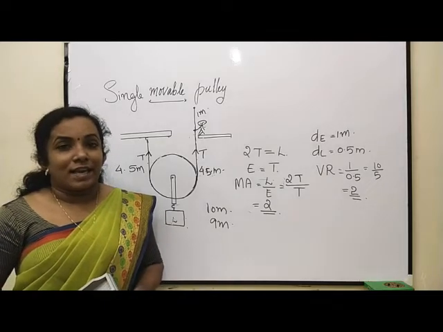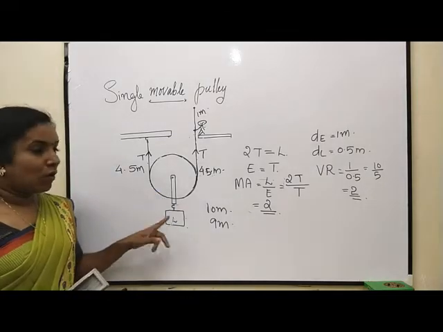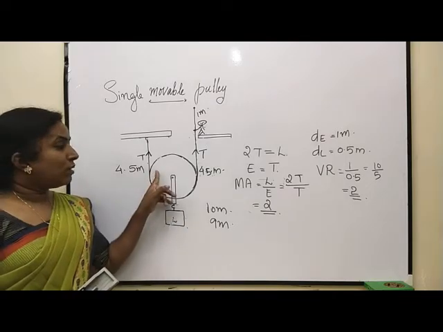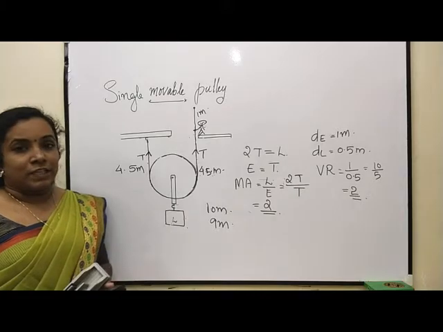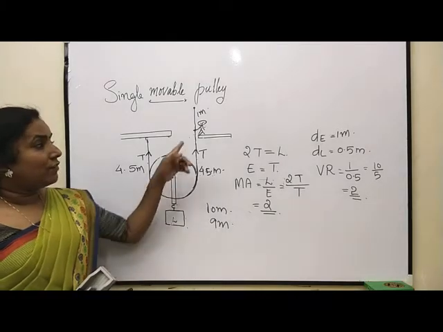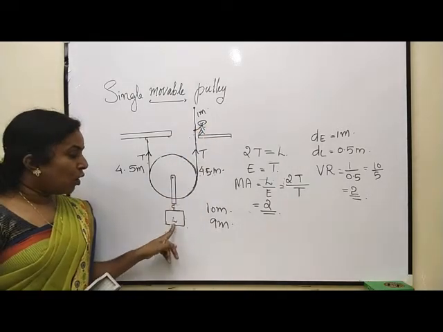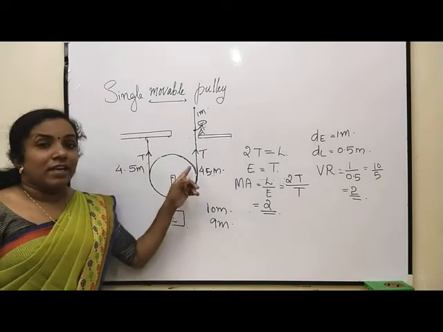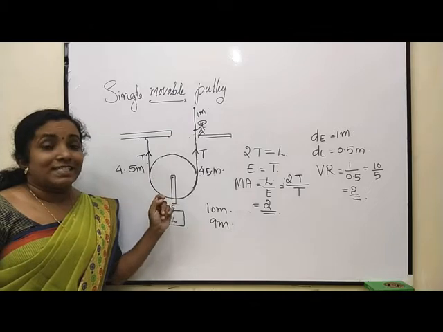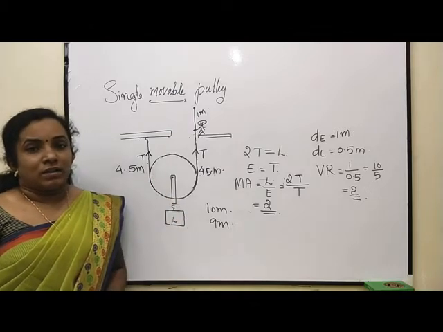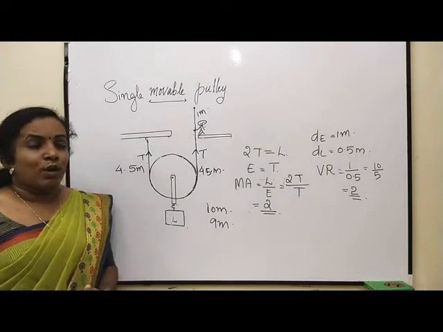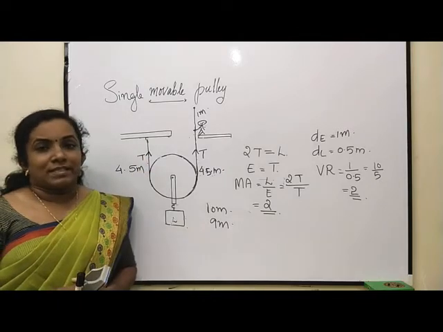But in the real case, when we lift this load, since this load is hanged on the movable pulley, we have to give an effort equal to load plus weight of the movable pulley. Hence, the weight of the movable pulley is added with the load. Hence, we should give more effort and also the friction of the rope acts.